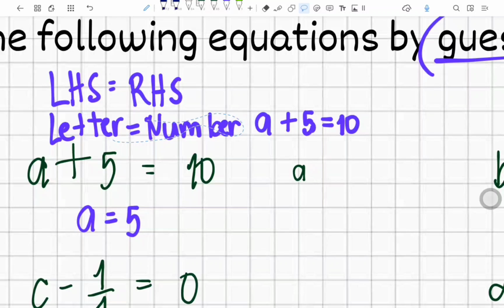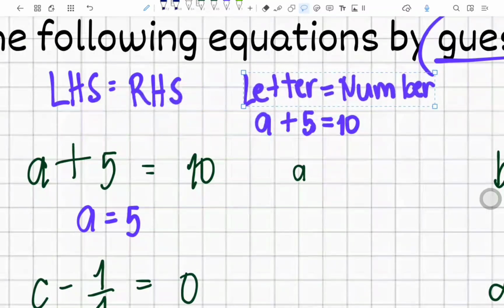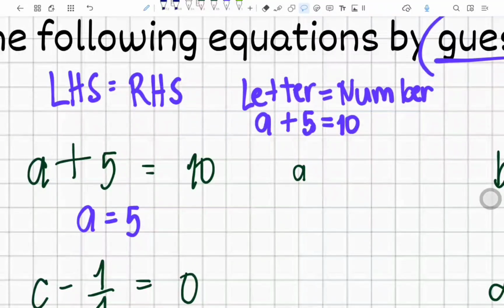So letter is equal to number. If it is a letter, we move it to the letter side. If it is a number, we should move it to the number side. So we have 5. We have to move that from the letter side, from the left going to the right. If we move a number or any part from the left or right to the other side, we have to change the symbol.